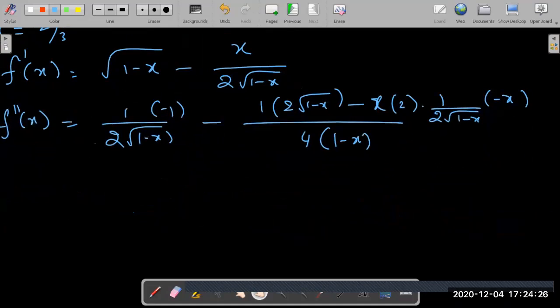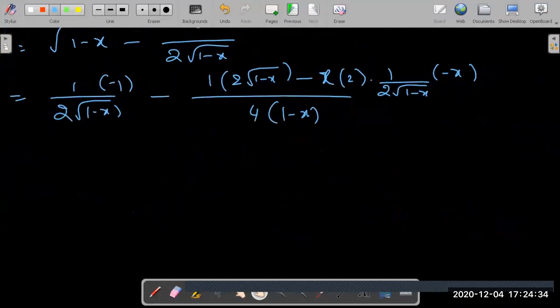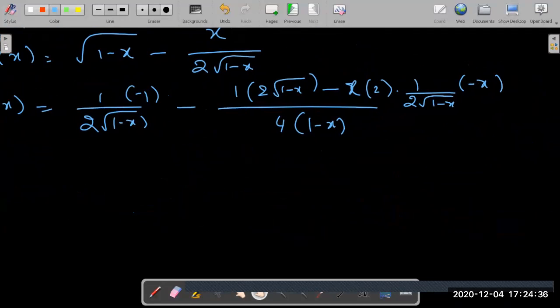So we have to simplify the entire thing, or without simplifying we can just substitute our value. We have to substitute 2 by 3. In this, definitely you have to use a calculator, so you get positive or negative, that's always the thing.